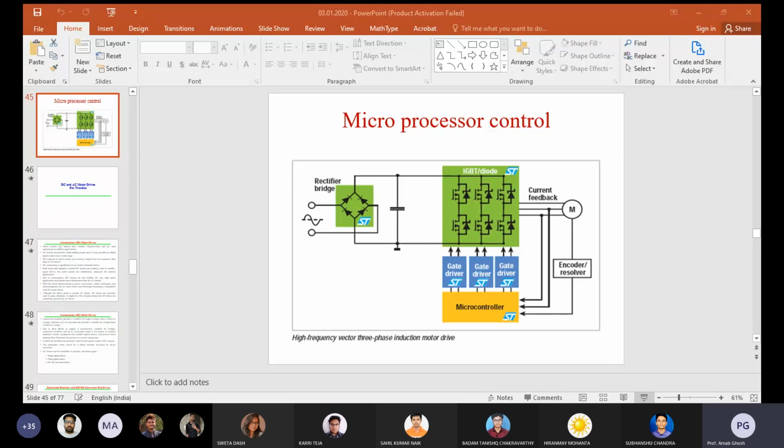So we are transforming them mathematically. What happens in vector control? We transform the three-phase machine to an equivalent d-axis component and q-axis component. Mathematically it looks just like a DC machine structure, with d-axis and q-axis equations, and now you are able to control them.